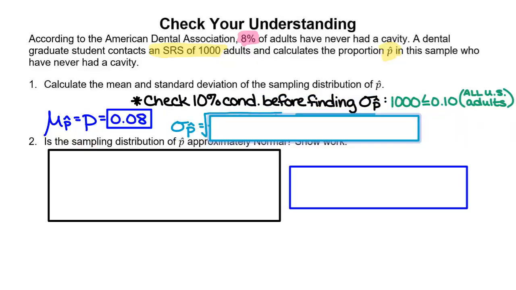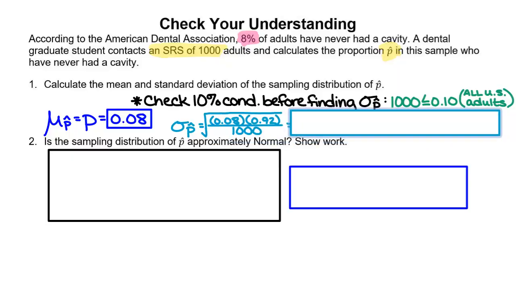So what do I want underneath the square root to calculate my standard deviation? Yes, 0.08 times 0.92 over 1,000, all underneath my radical. And we get approximately what? 0.0086.